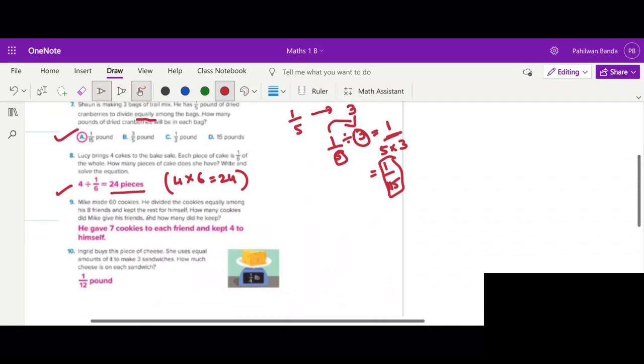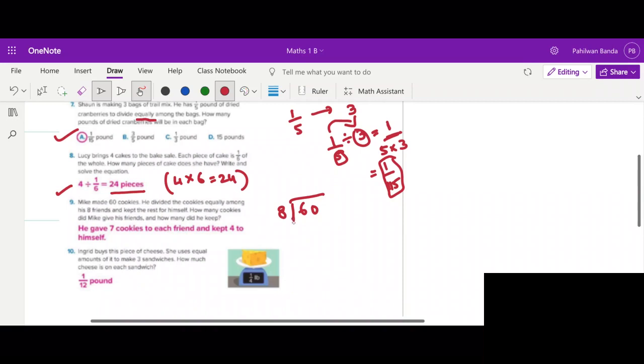Now, the next one. Mike made 60 cookies. He divided the cookies equally among his 8 friends and kept the rest for himself. How many cookies did Mike give his friends and how many did he keep? So 60 gets divided by 8.